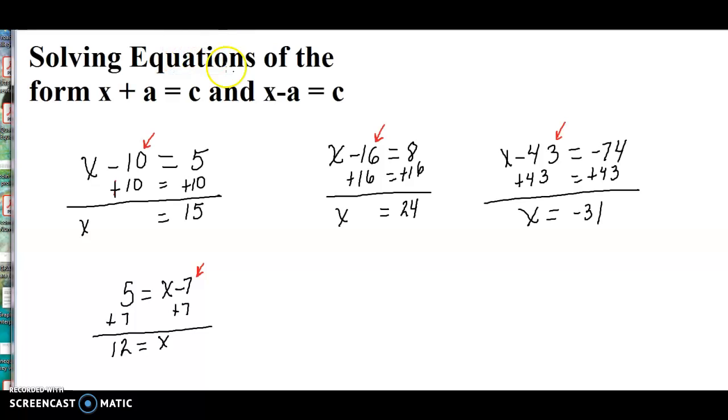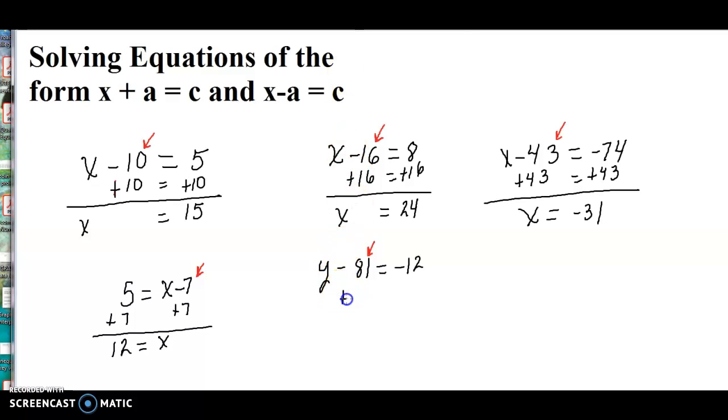Now, let's look at our next one. We have y minus 81 is equal to a negative 12. I need to get rid of this 81. So what am I going to do on both sides?